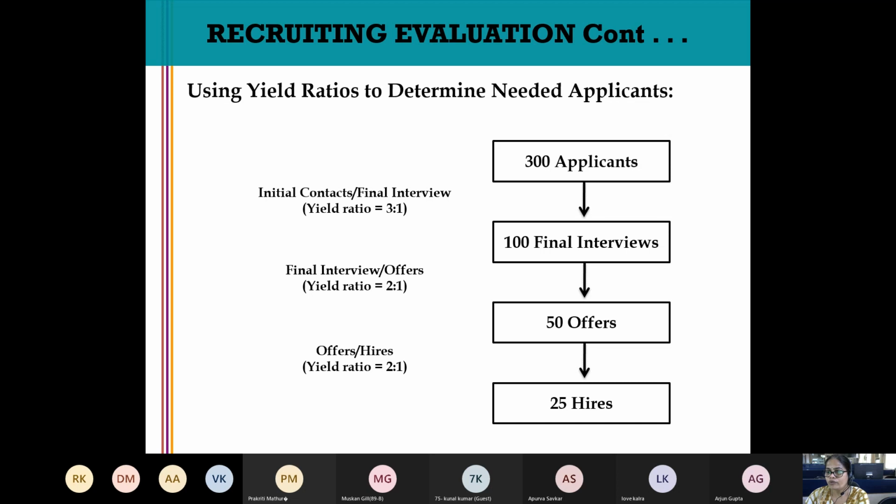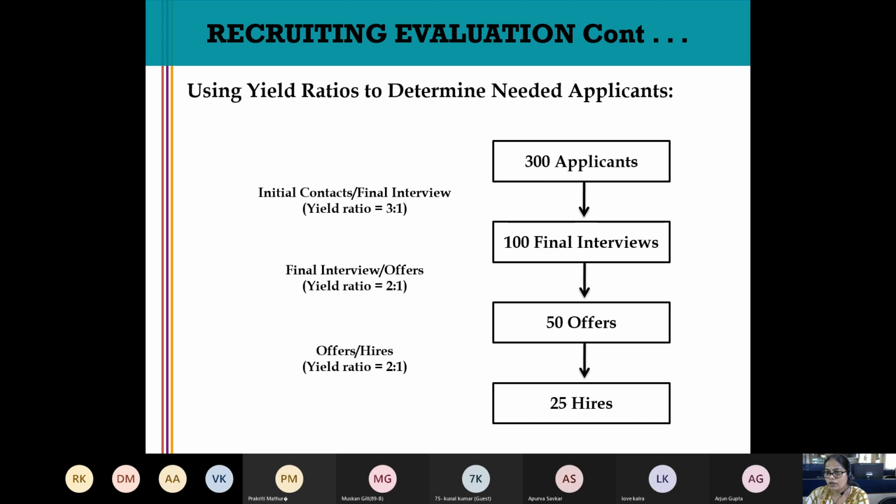Final interview to offer is 2:1, 100 to 50. When you call them for offers, you actually lose 50% of them.